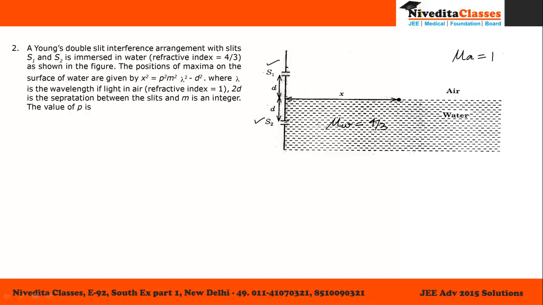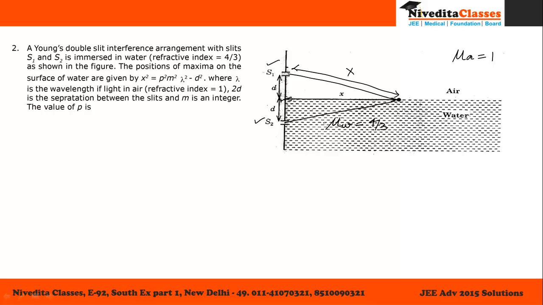Okay, so now assuming that we get a maxima at a distance x from this point, the first wave and the second wave both have to travel this distance. Let's say that this distance is represented by capital X.